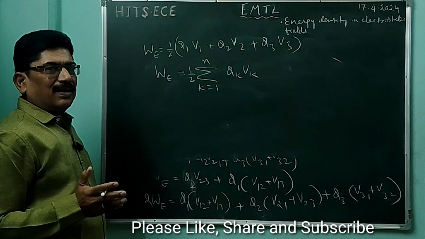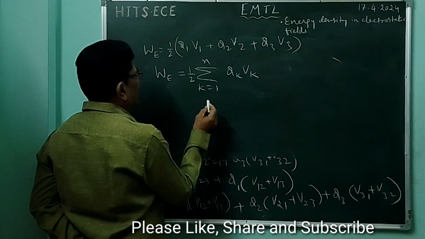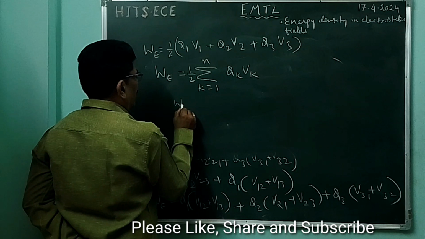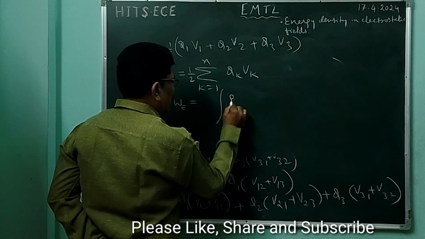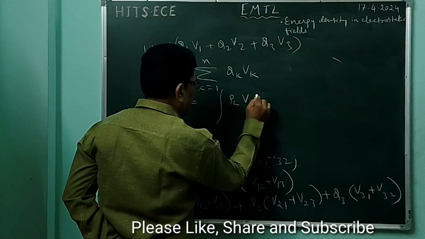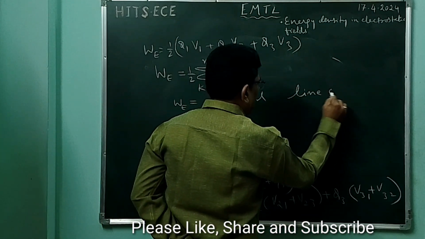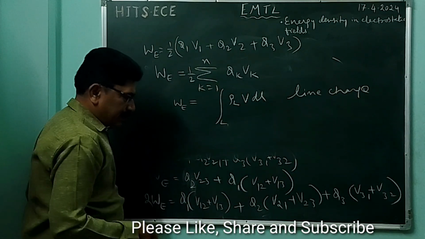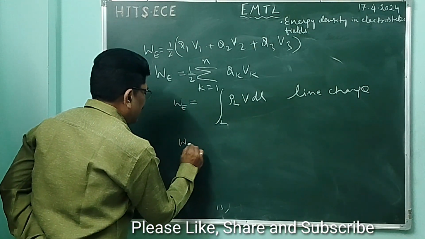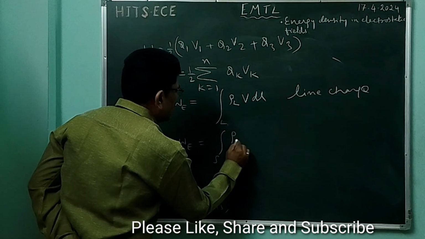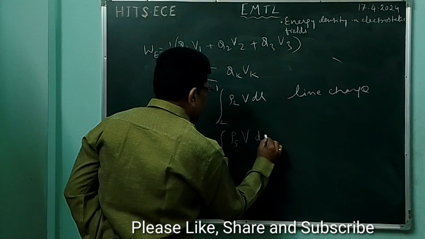If there are continuous charges, that is with line density, surface density, or volume density, those can be dealt with by using integrals. The energy required for moving a line charge is ∫ρ_L V dl. For a surface charge, the work done is ∫ρ_s V ds.